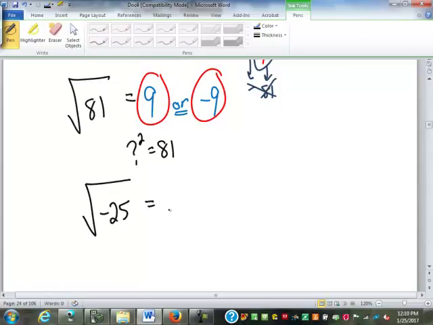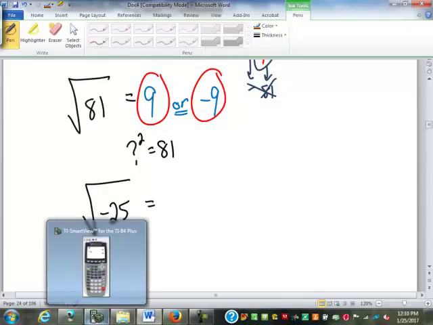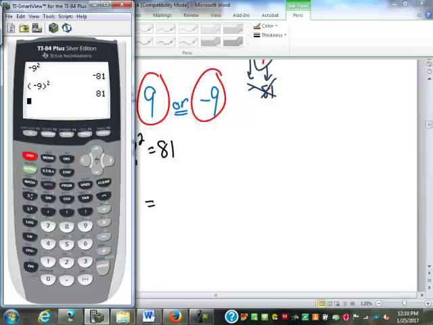If I try to do the square root of a -25, though, what is our calculator going to tell us? Anybody try it? It gives us a nasty message. It says error. My calculator says non-real answer. What does that mean?